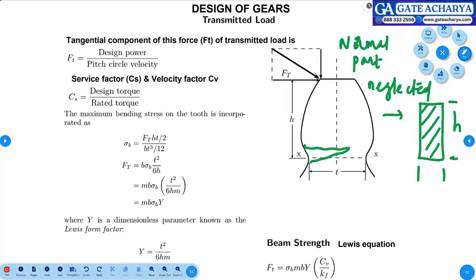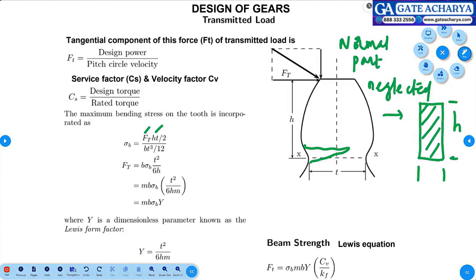See, bending moment will be nothing but Ft into H. Sigma B by Y, I am taking Y to the right hand side, that will be nothing but T by 2.